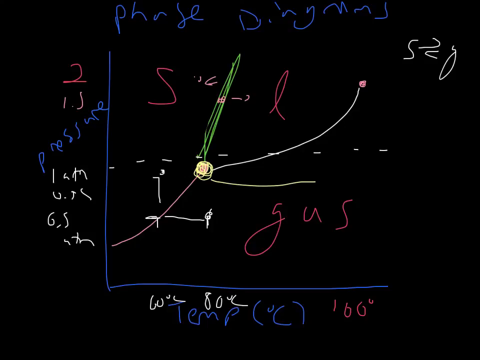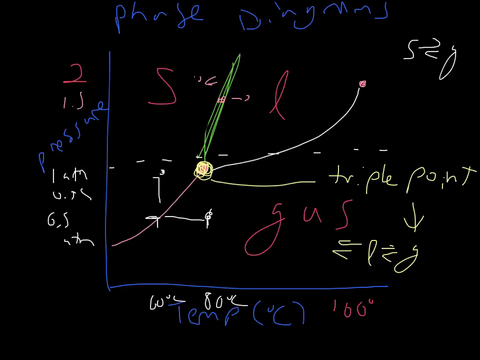So this point right here is called the triple point. Now, if you've learned anything from the lines, you can see that all three lines intersect here. Well, what do you think that means? That means that this poor molecule is turning from liquid to gas and liquid to solid, solid to gas, gas to solid.